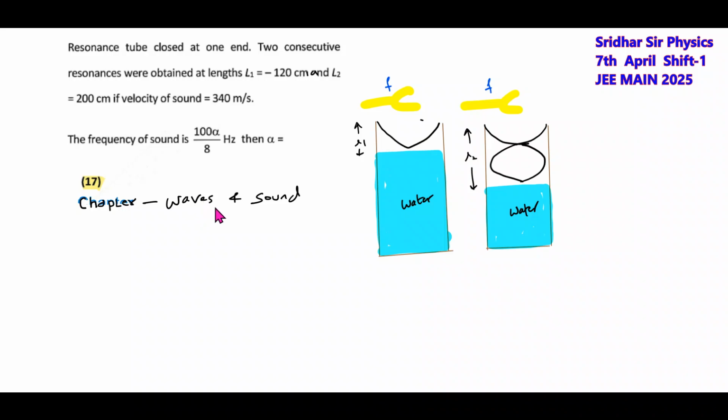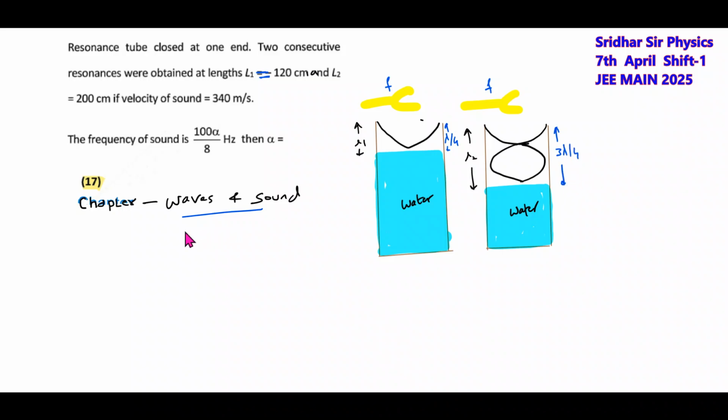The question belongs to the chapter waves and sound. Resonance tube closed at one end. Two consecutive resonances were obtained at L1 120 centimeter and L2 200 centimeter. The velocity of sound is given, and we need the frequency of the tuning fork that is used to resonate this air column.